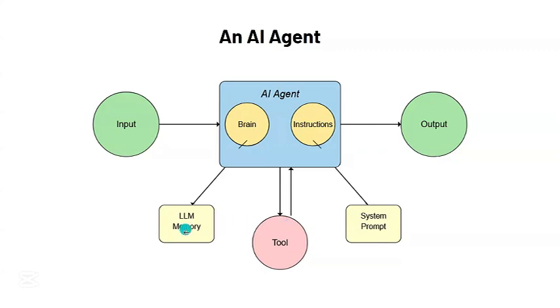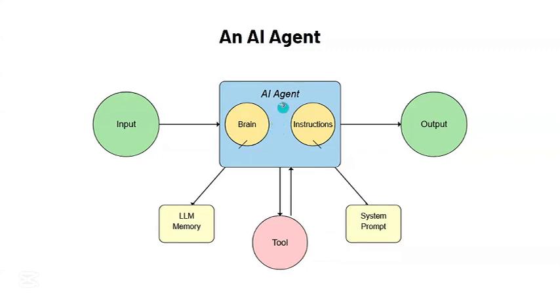Anyway, here there is a memory also. Memory in the sense, in ChatGPT also, in your session, it keeps a history. In one session, when you open a chat window, you ask a question, and then again you ask another question, and it can use the history of the conversation that we had and answer our questions.